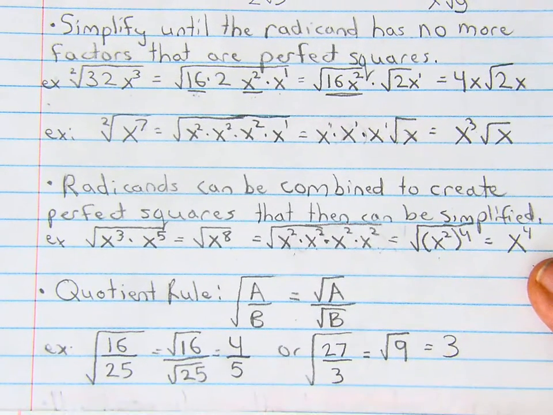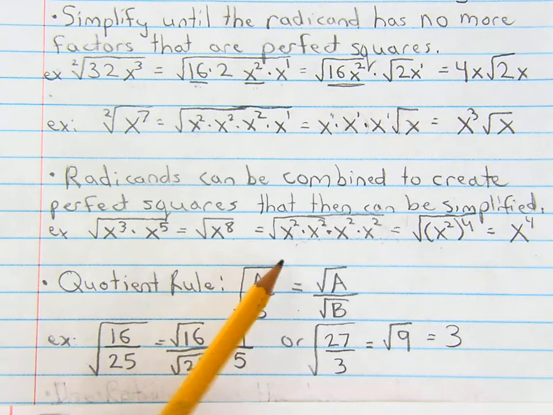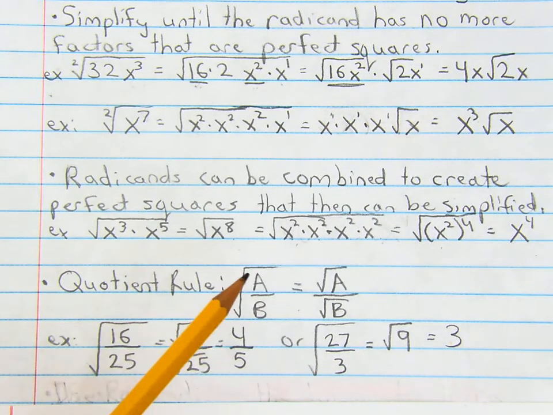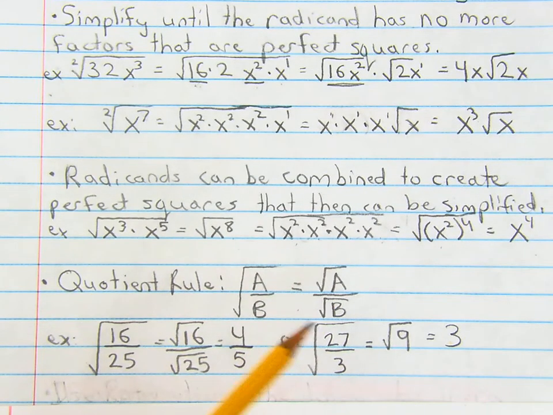And then last but not least is the quotient rule, which says, again, if I have one large radical containing the quotient, basically just means the answer to division, I can break it into 2 separate ones and square root each one individually.